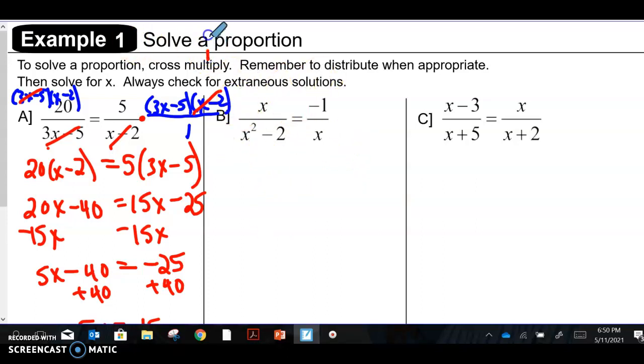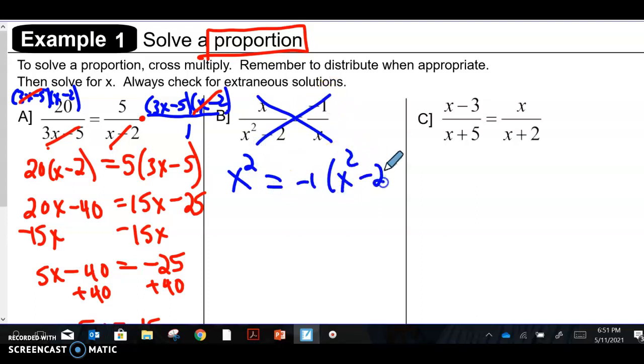So for now, when I see just one fraction equal to another fraction, I am going to solve that like a proportion. I'm going to multiply x times x, and I'm going to multiply -1 times x squared minus 2. That gives me x squared equals -x squared plus 2. I distribute my -1 through.